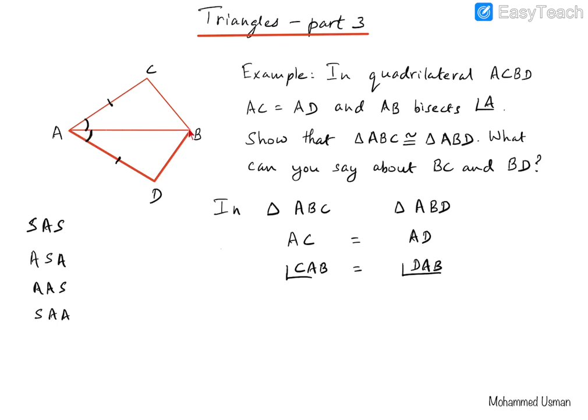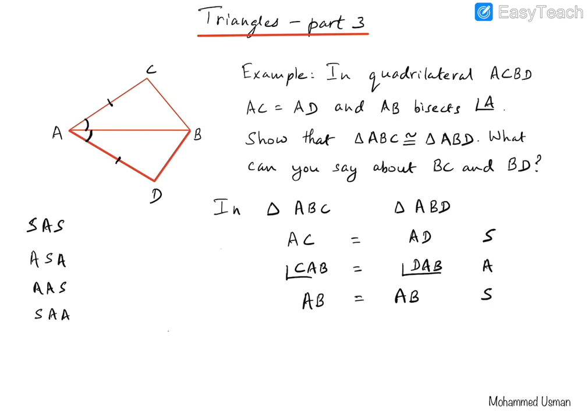So AB belongs to the triangle ABC as well as it belongs to the triangle ABD. So that's a common line. So in both the triangles, because it's a common line, it has to be equal. So AB equals AB. So we have a side which is equal, we have an angle which is equal, and we have a side which is equal. So this will give us the SAS congruence rule.